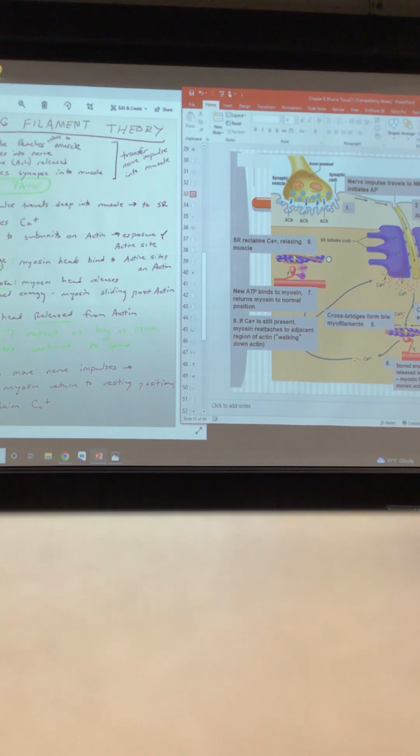There are animations later that will hopefully help with this. Once calcium binds to that troponin, it causes a shift which exposes the active sites.